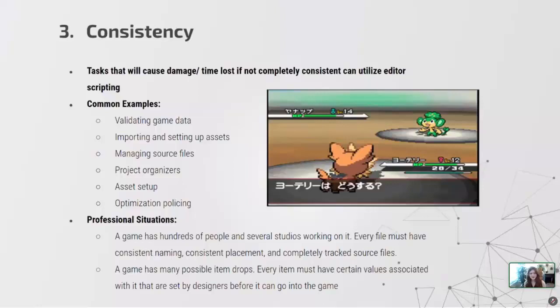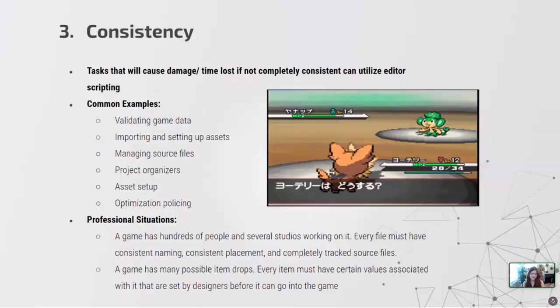And then it also comes to less level design, but more the art side of things, with importing, setting up, and making sure assets are managed correctly, managing source files, like if you have your FBXs and ZBrush files associated with the model, and you don't want to lose that, especially when you are switching.